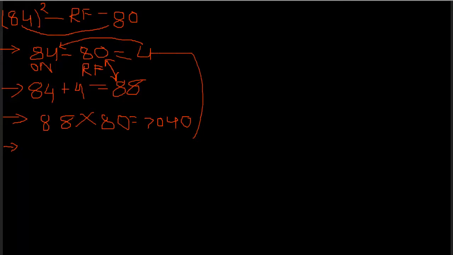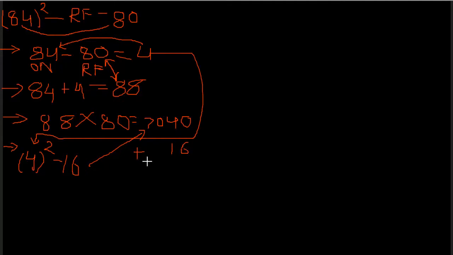And in the final step we need to make a square of the difference which we got in the first step. The square of 4 is 16, and we add this 16 to the result of the third step.